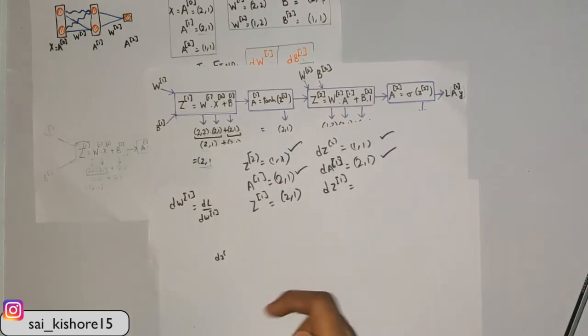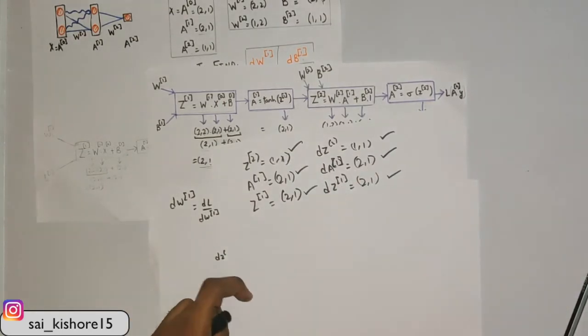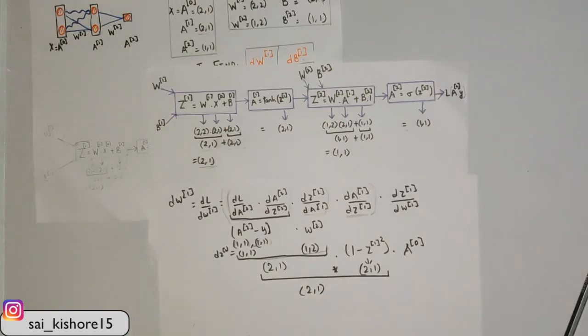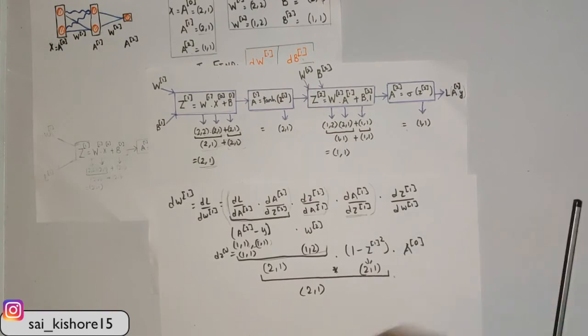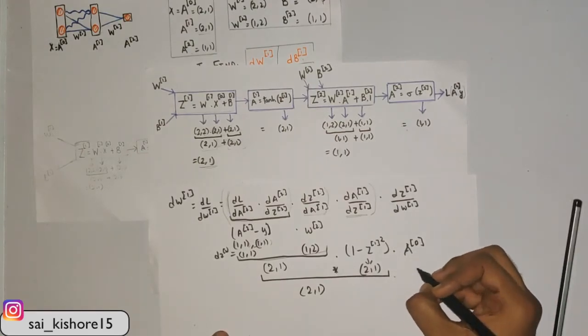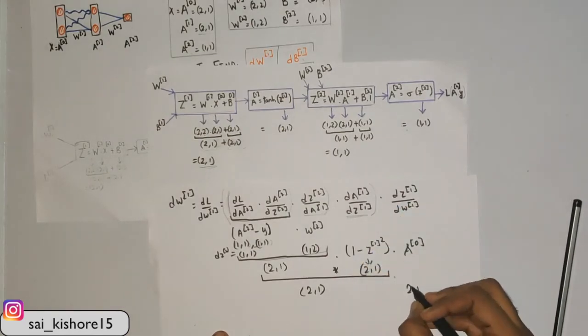Now since we got dz to be 2, 1, we take this off. And then finally we have a0. We write the shape of a0. a0 is 2, 1.